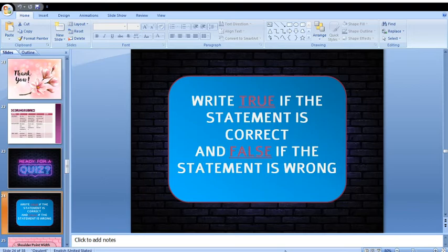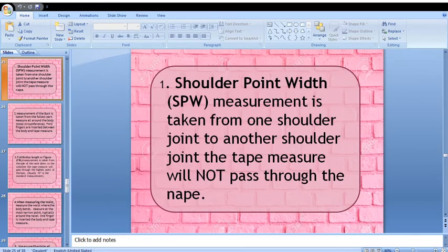Write true if the statement is correct and false if the statement is wrong. So are you ready? For the first one, true or false, number 1. Shoulder point measurement is taken from one shoulder joint to another shoulder joint.